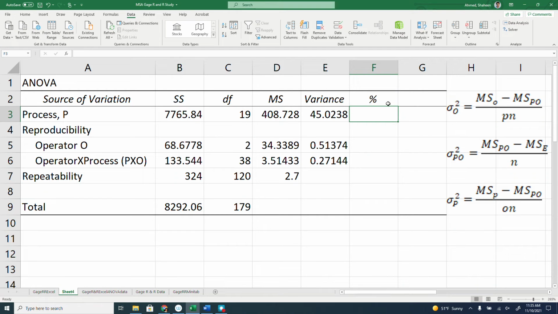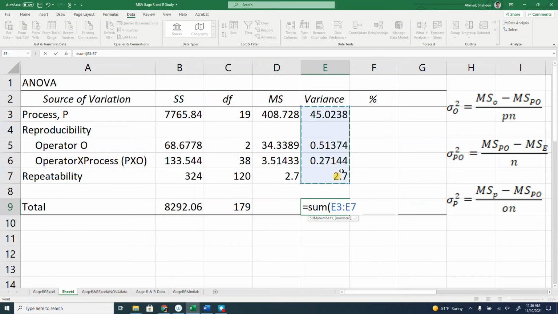This is basically simply the experimental error, and the total we can simply sum, all of this like this. So that's the total. I think I should sum it in a different way.